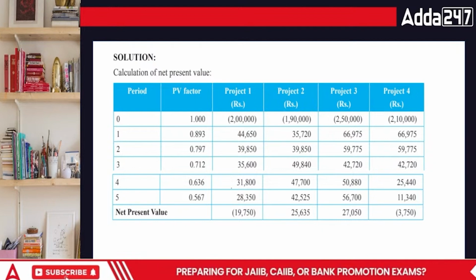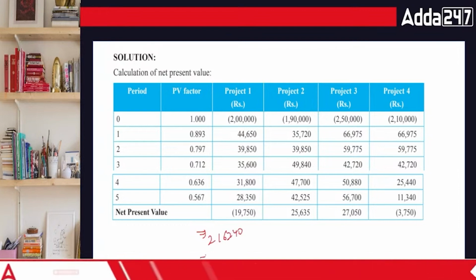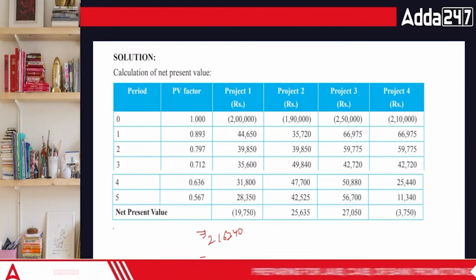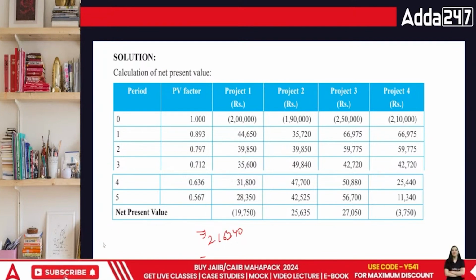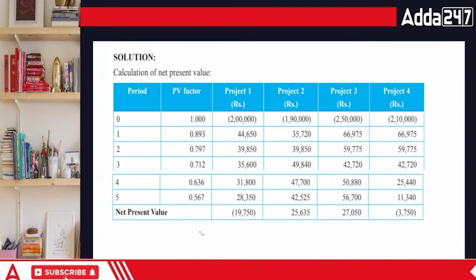If I take the total of all these things, it would become 216,240. Remove that 20,000 and you will get the answer. They have taken it for 3 digits, I took it for 4 digits, so there's a difference coming up.